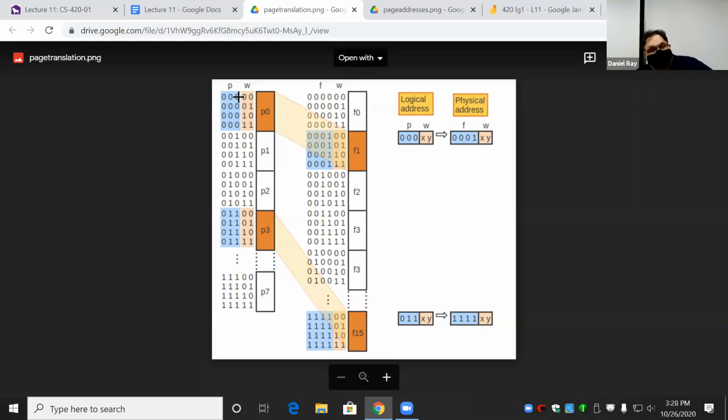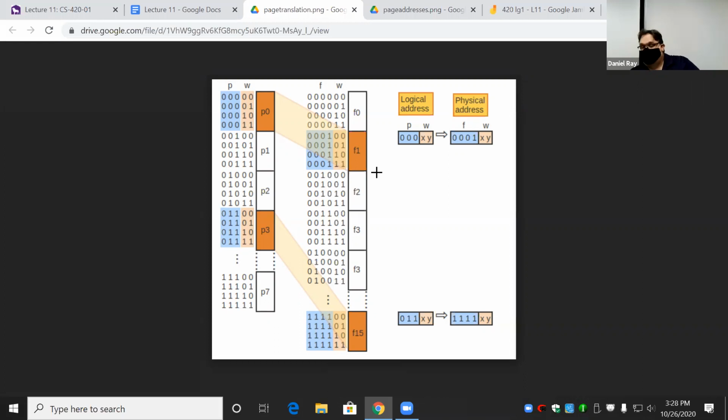Because 000 is mapped to 0001. In other words, page 0 maps to frame 1. And the specific word that we want to get at is in the same offset from 0 as it is from 1, because they're the same size. Okay?